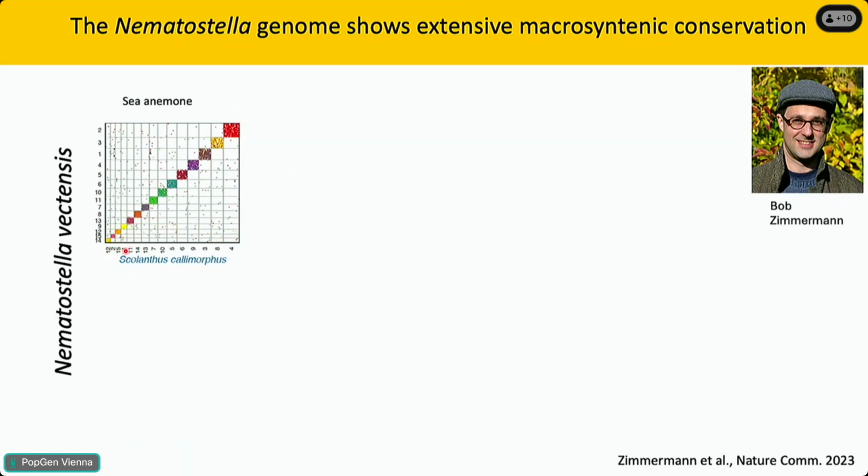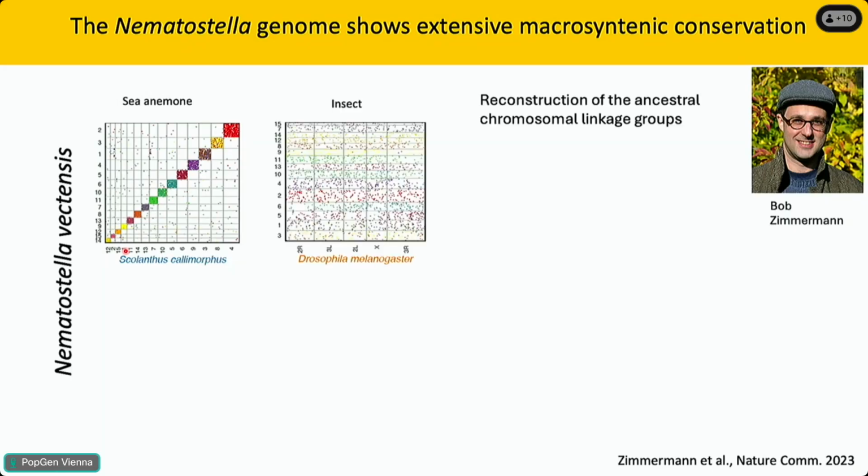But what's also interesting is that within the chromosome, the genes get scrambled a lot, but they rarely leave the chromosome, as an ancestral linkage group. But if you do the comparison with other organisms, for instance Drosophila, the comparison between Nematostella and Drosophila has been completely scrambled.